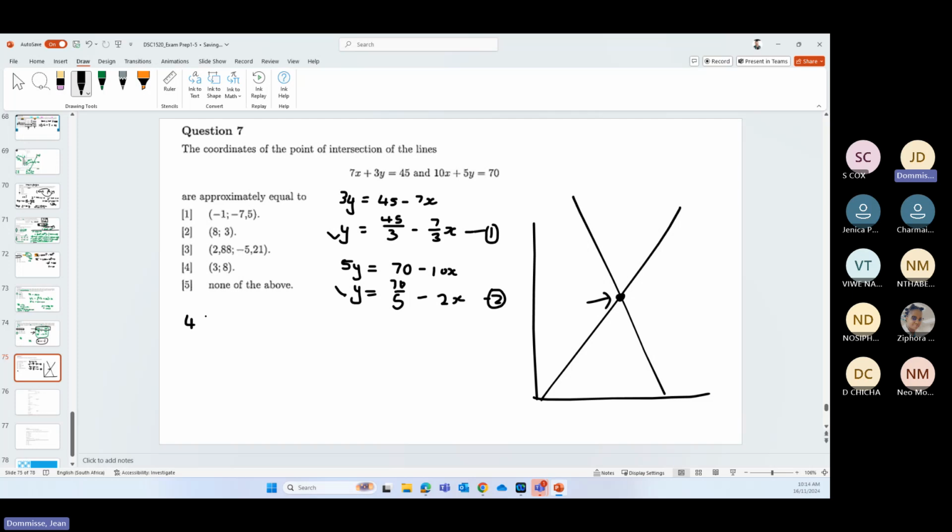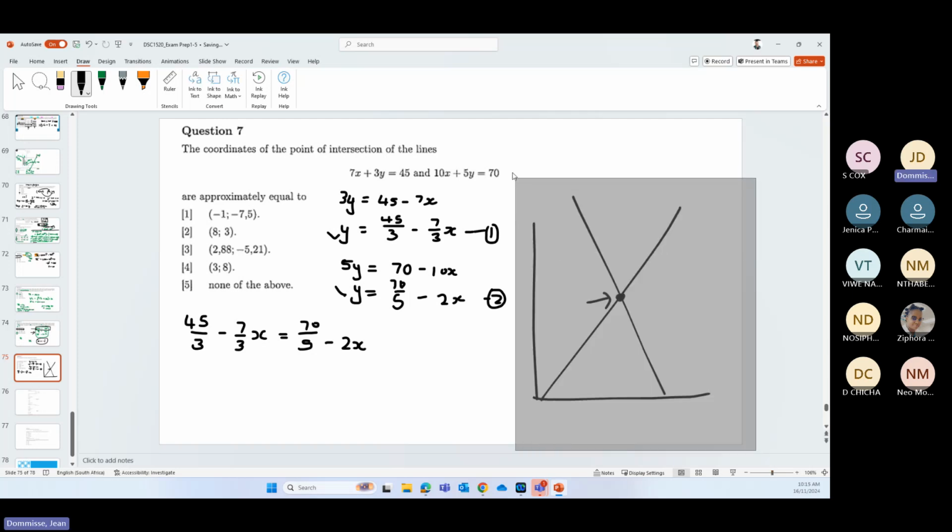So 45 over 3 minus 7 over 3x, lots of fractions, is equal to 70 over 5 minus 2x. And we solve for x. Okay, so that's the one way. That's nearly the traditional way when we see two straight lines and we want to get to the intersection. But let's do another way.